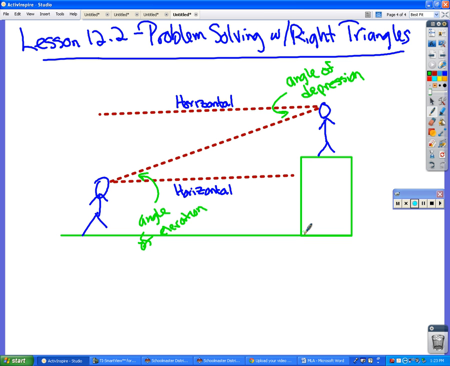They are exactly the same, right? So the angle of depression and the angle of elevation are equal. Why is that the case? Because these two angles are alternate interior angles, since these two lines are parallel, and so they are therefore the same.